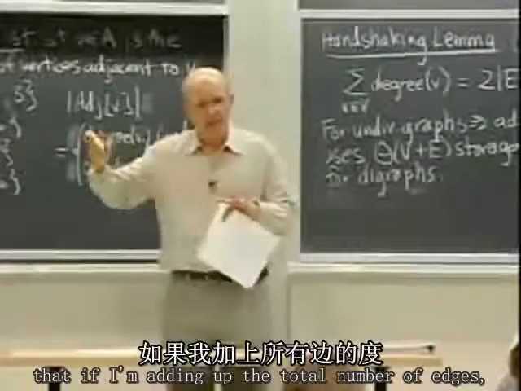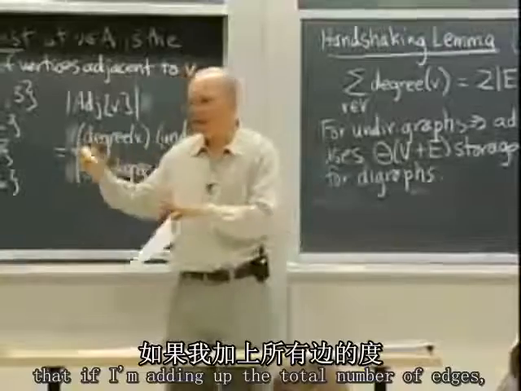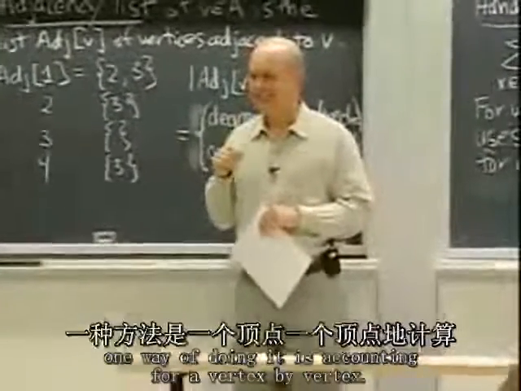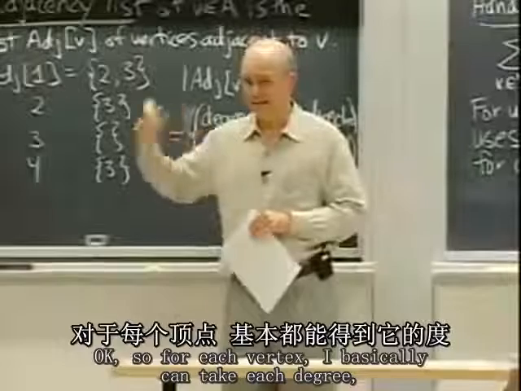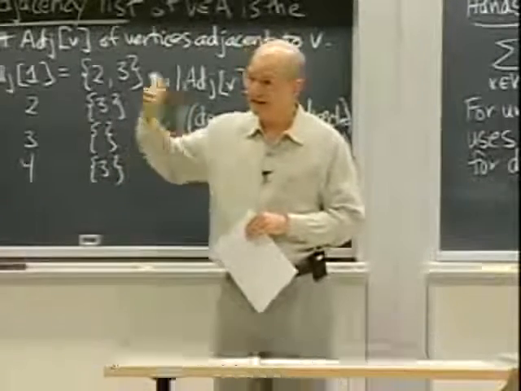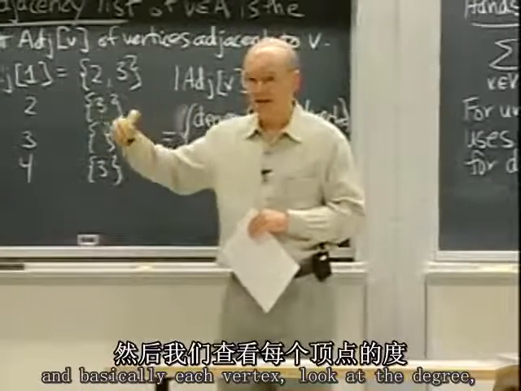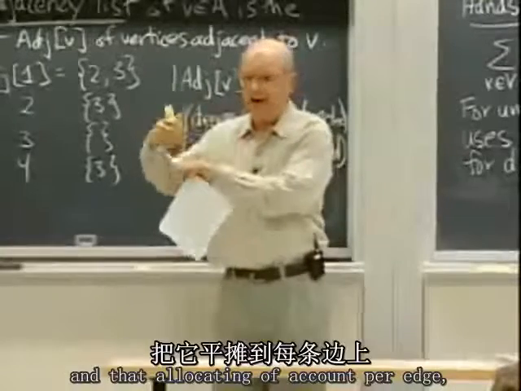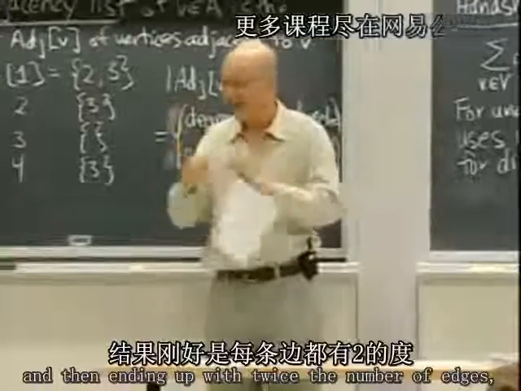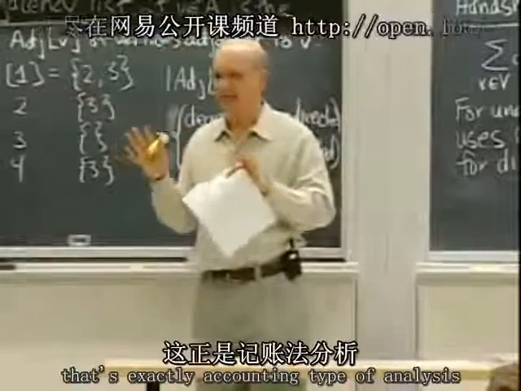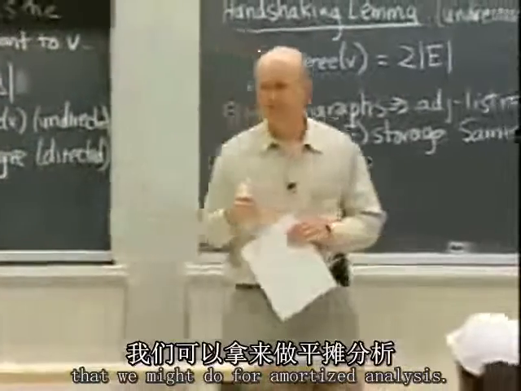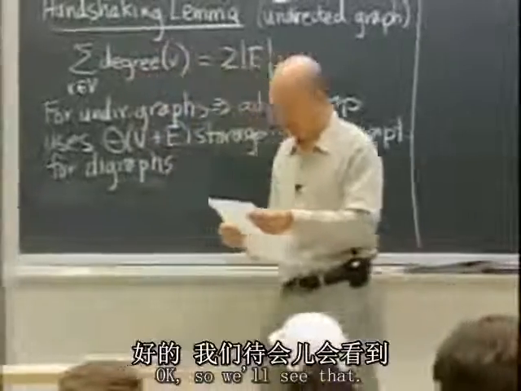If I'm adding up the total number of edges, one way of doing it is accounting for it vertex by vertex. For each vertex, I look at the degree, allocating a count per edge and then ending up with twice the number of edges. That's exactly an accounting type of analysis that we might do for amortized analysis. So we'll see that.